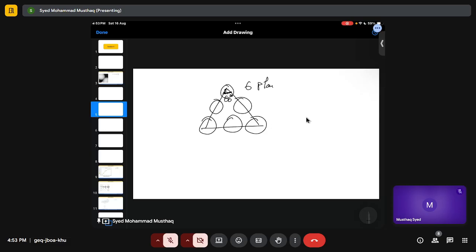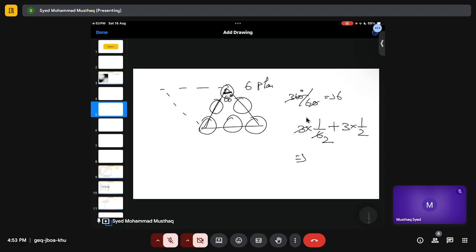So 360 upon 60 will give you 6. So each atom is shared by 6 planes. And what about at the edge? It is shared by 2 planes. Right? So the other plane will look like this. So I have 3 on the corners: 3 times 1 by 6 plus 3 times 1 by 2.